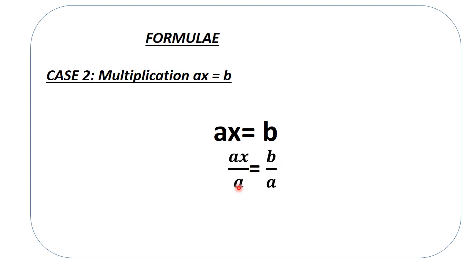But the rule is, what you do on the left, you should do the same on the right. In the first case, we did not do that. We just transferred the unwanted to the other side. But I say that is something that people came up with. It's not mathematically, it doesn't make sense.